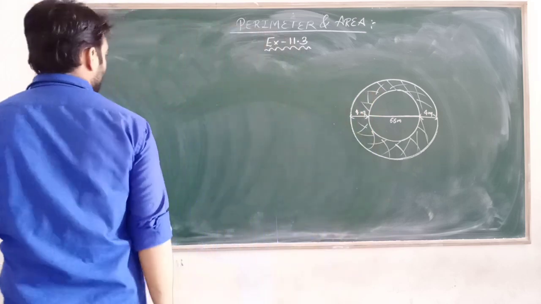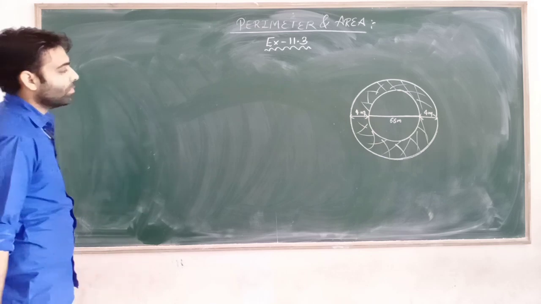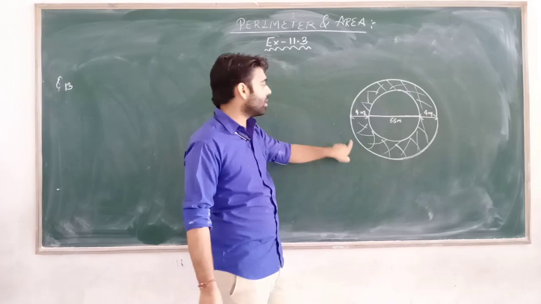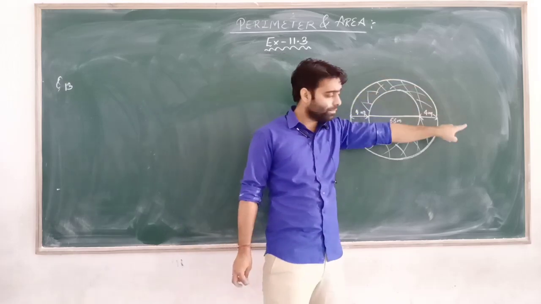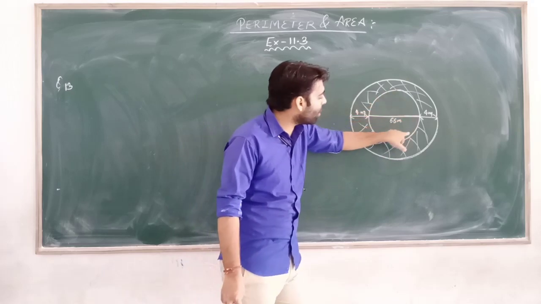Suppose we calculate the area of the larger circle, and from that we subtract the smaller circle.